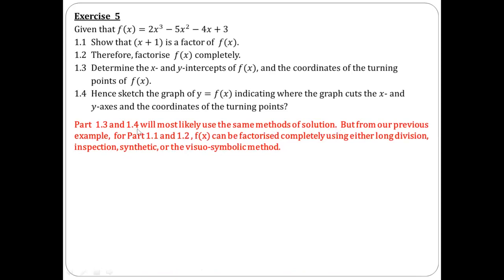But for parts 1.1 and 1.2, f of x can be factorized completely using either the long division method, inspection method, synthetic method, or the visual symbolic method.